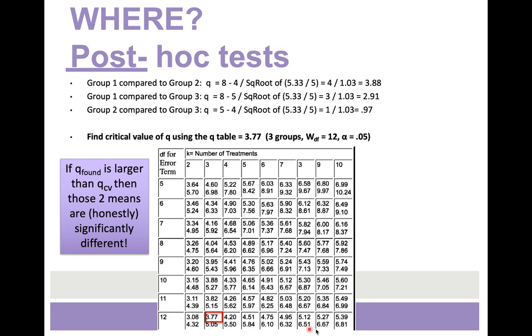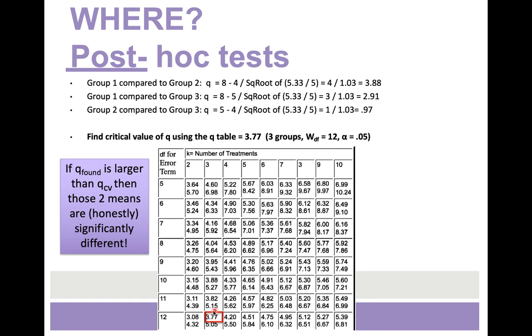So we're using this 12 row. We then had 3 groups. Notice that the top here is K. K equals number of treatments. We had 3 groups, right? Criminal record, clean record, no information. So 3. And so we find the cell of 12 and 3.